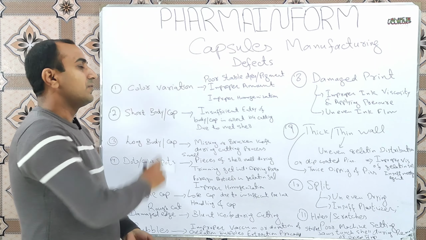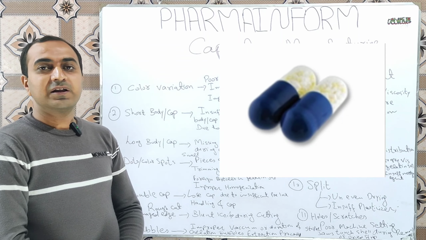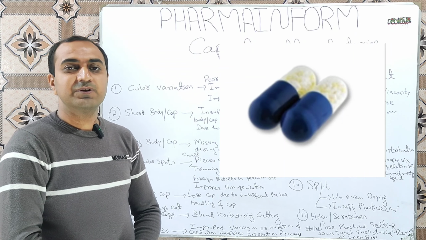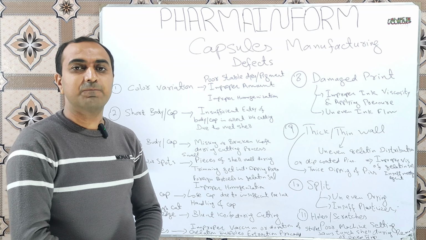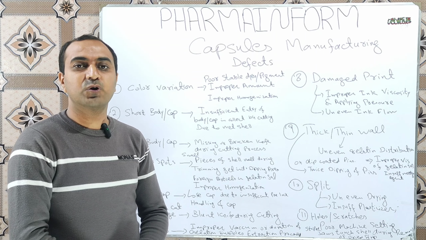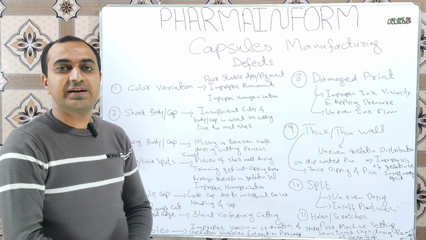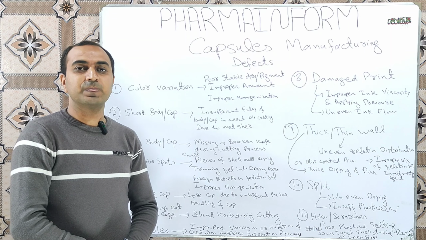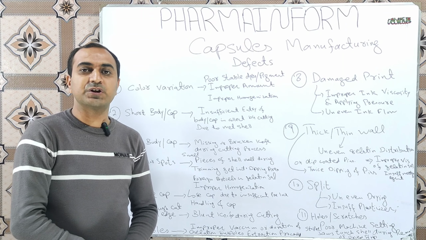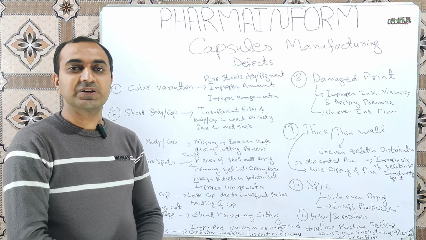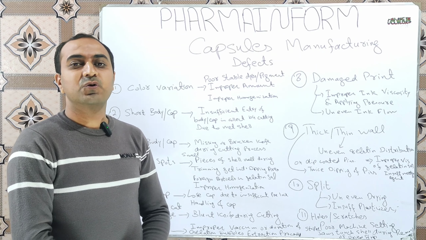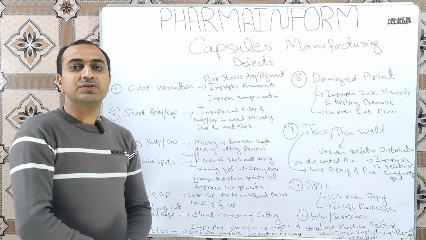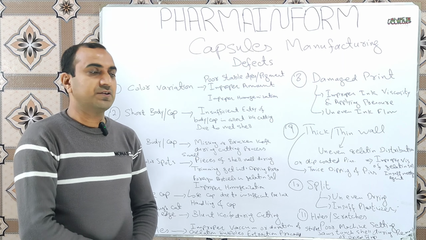Let's start from the color variation. Color variation is a simple defect in which the color of various empty hard gelatin capsules do not match with each other, and there is a variation of shade between the empty shells of the same container. So what are the reasons why this color variation occurs during the manufacturing?